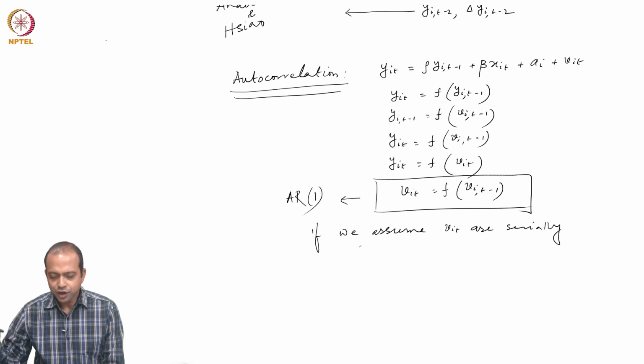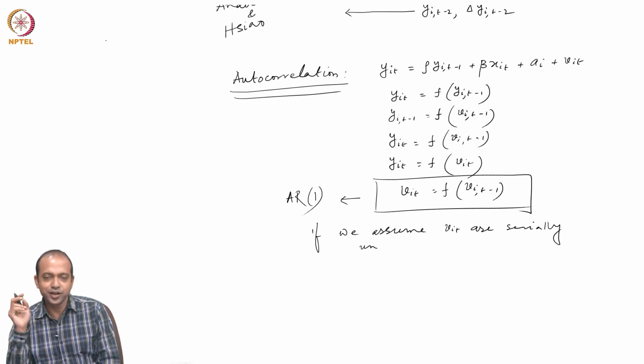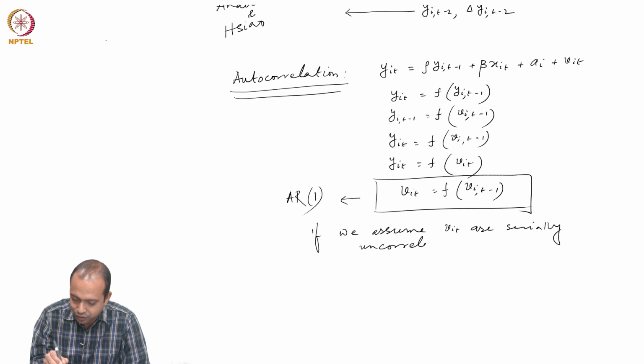Right. Now, what will happen actually if AR2 is there?